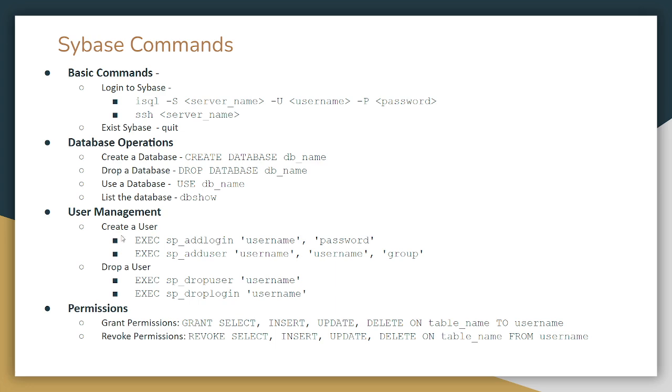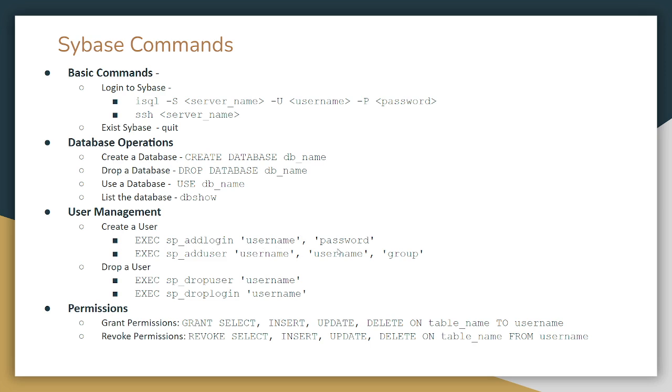User management, how to create users. For this you can use an execute command. The execute command in Sybase starts with exec, and then sp add login. sp stands for stored procedures. So if your developer has given you a stored procedure, you can execute that stored procedure by using the exec command.